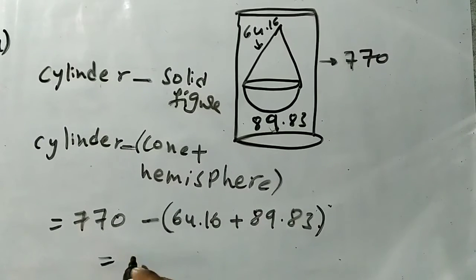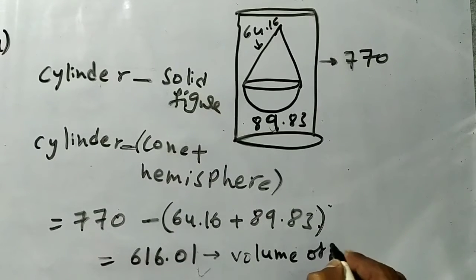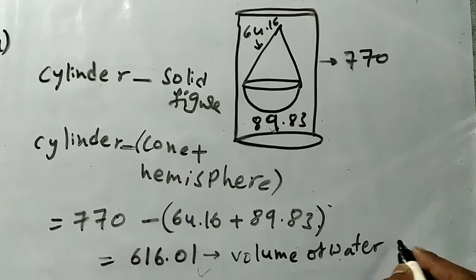Here we get 616.10, which is the volume of water left in the tub.